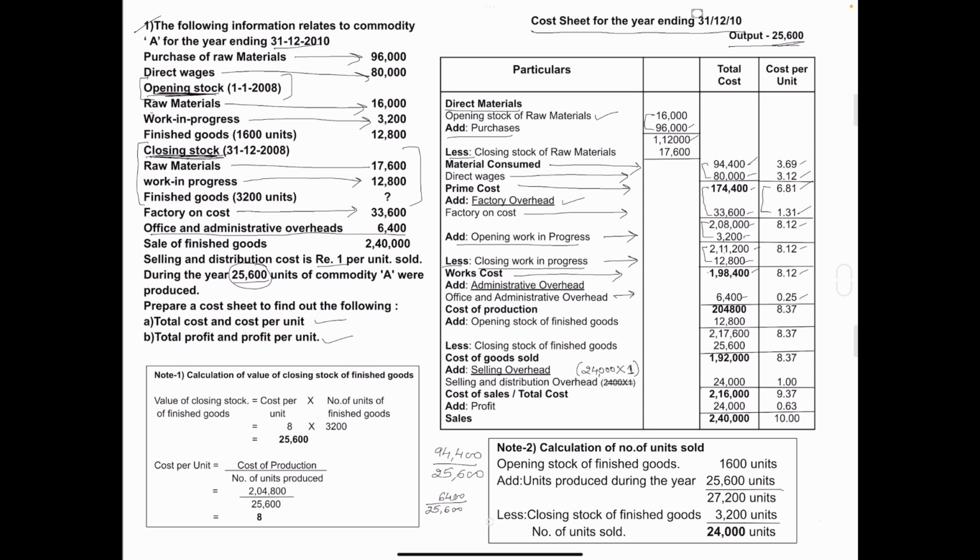Add these two figures, 1,98,400 plus 6,400, you will get 2,04,800. And here add these two, 8.12 plus 0.25, you will get 8.37, and this is called cost of production.